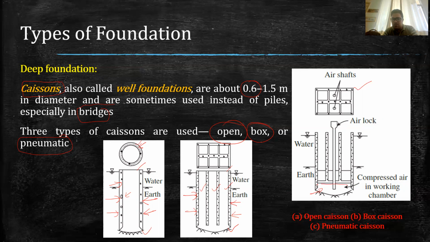This compressed air prevents water from entering these spaces. In that case, the condition becomes dry, and working in the dry condition is more effective and more suitable for constructing this well foundation.